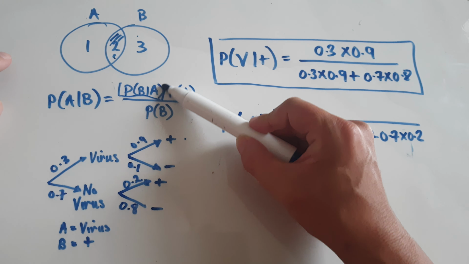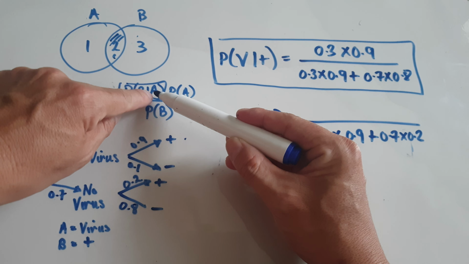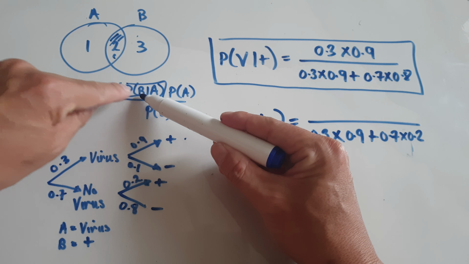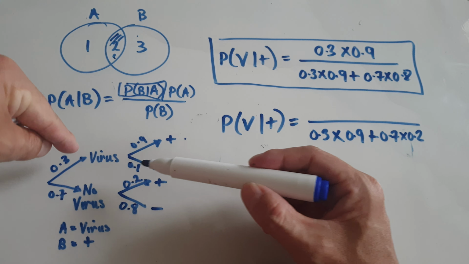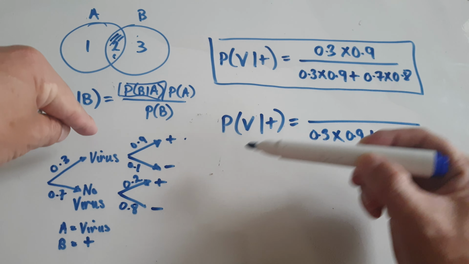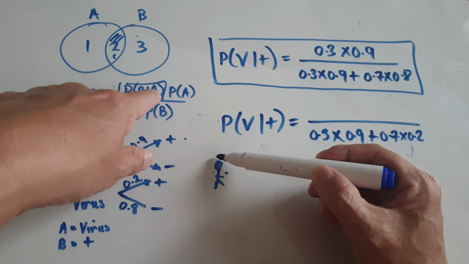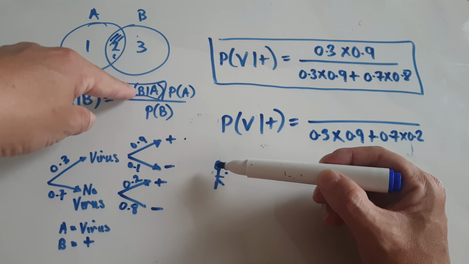Now let's read Bayes' theorem now. This block here, so what is this block here? Given that the virus has occurred, what is the probability of you getting a positive? So when you read this, given that the virus has occurred, so if you're the person who has a virus, because it has already occurred, what's the probability of you testing positive?